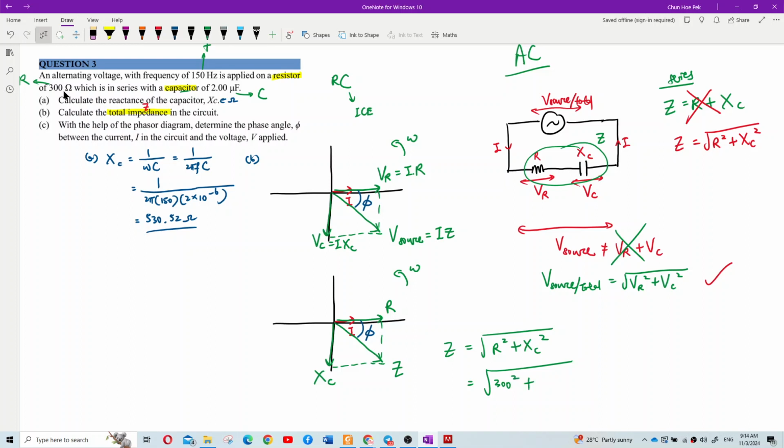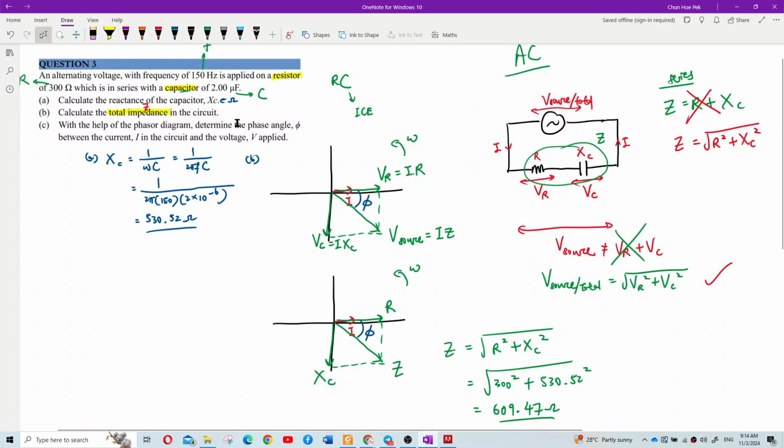And then XC is 530.52. So 530.52 square plus 300 square, and then square root. So the answer is 609.47 ohm.